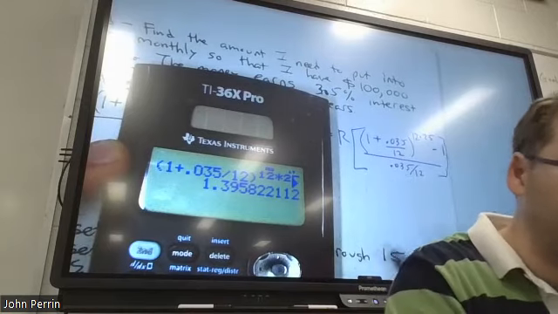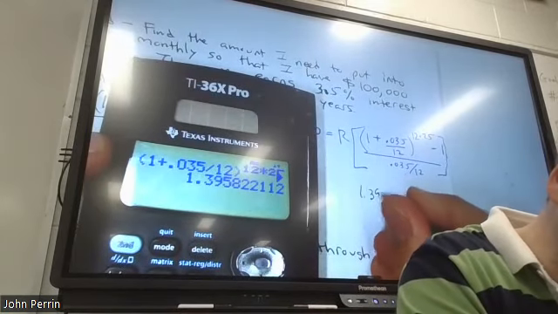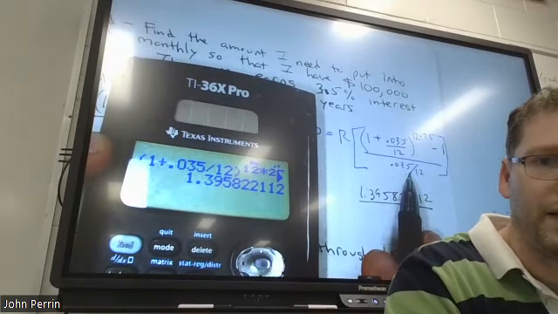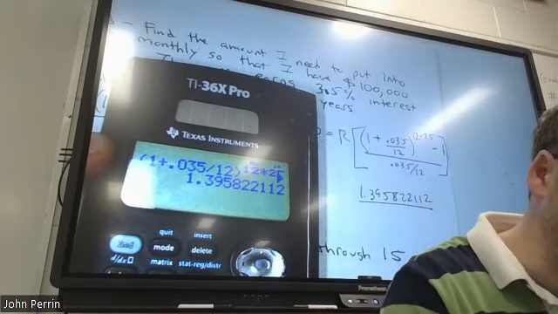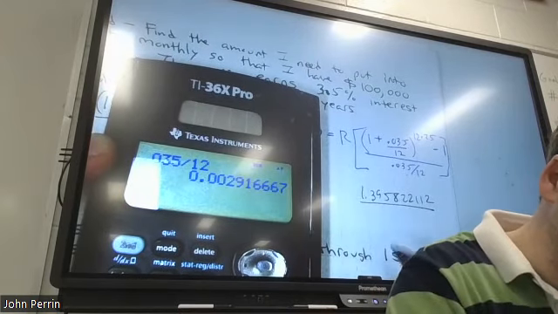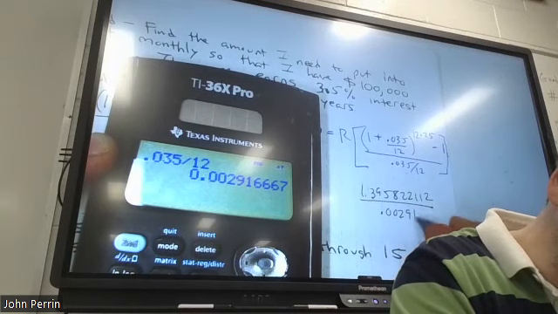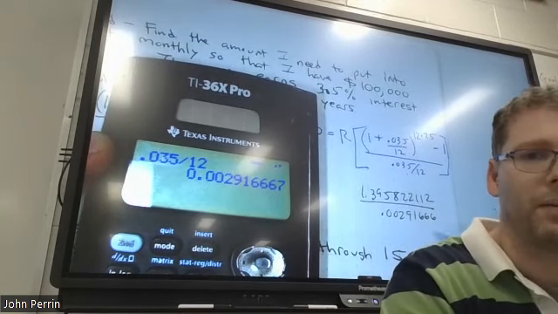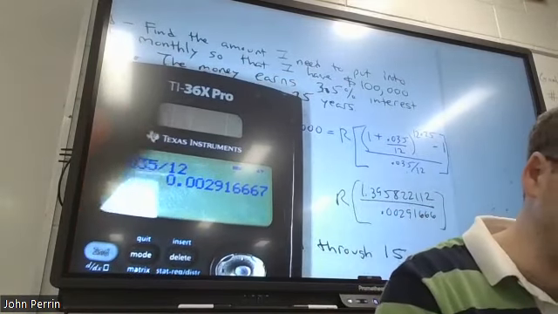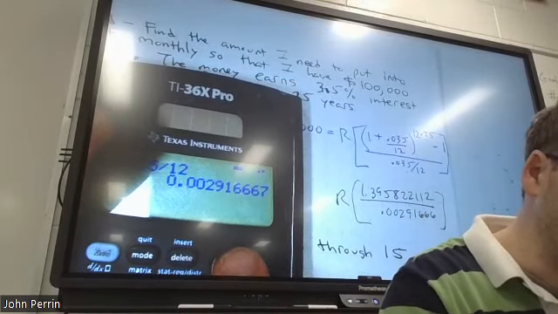I'm going to copy this down. 1.395822112. That's going to be divided by this number. So separately, I'm going to do 0.035 divided by 12. 0.00291666. I'm going to divide both of those numbers to see what goes next to the R. Okay, let's type this in.